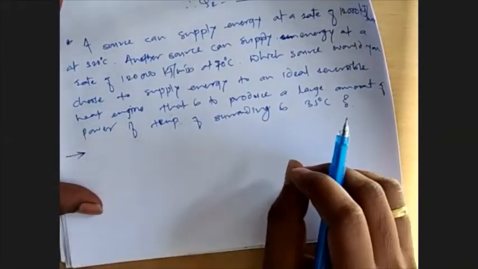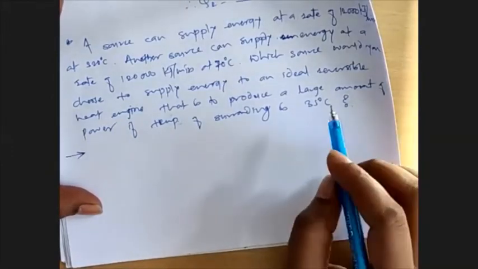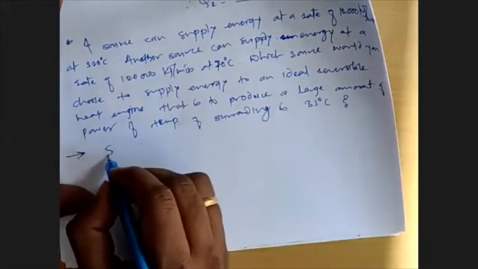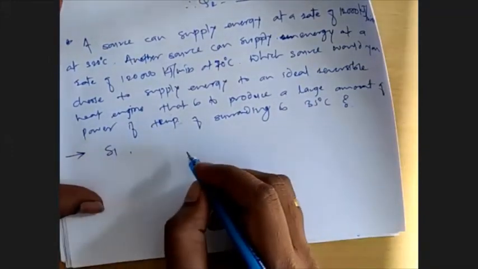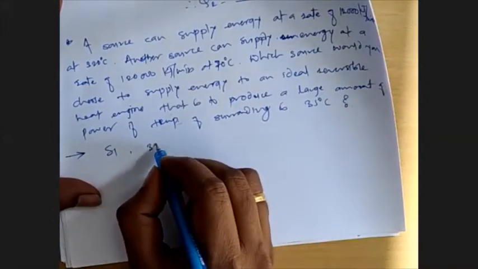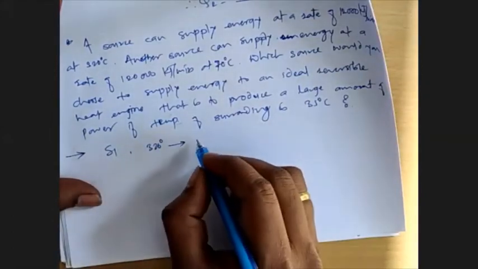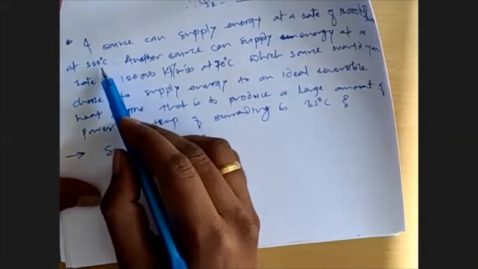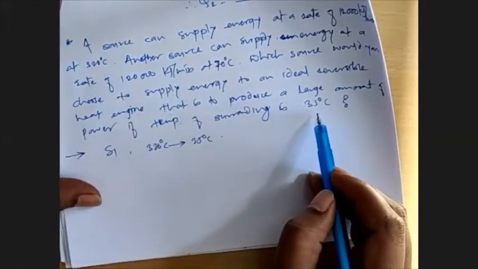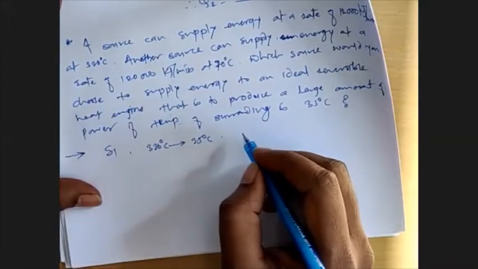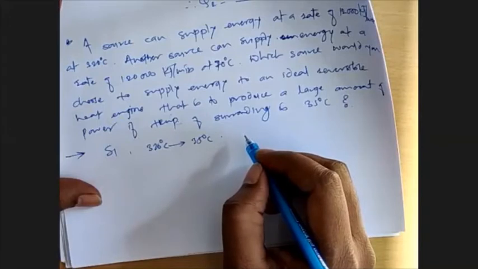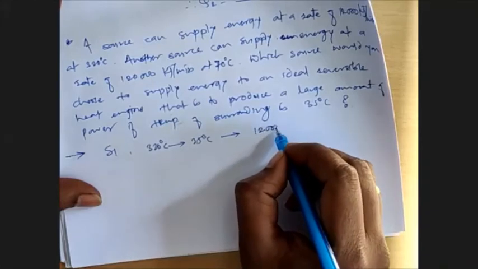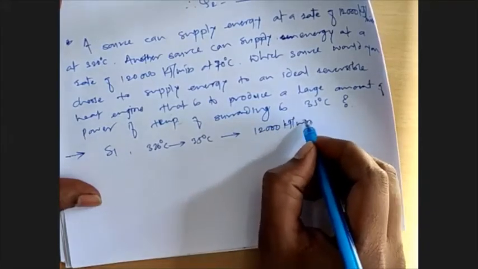Okay, somebody started solving. So there are two sources. Source 1 is working between 320 and 35 degrees Celsius, because the source temperature is 320, atmospheric temperature is 35, and that can supply energy at 12,000 kilojoules per minute.